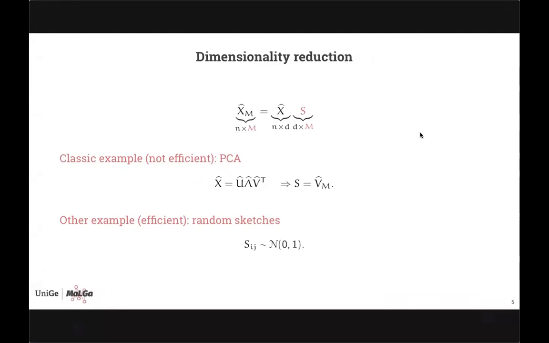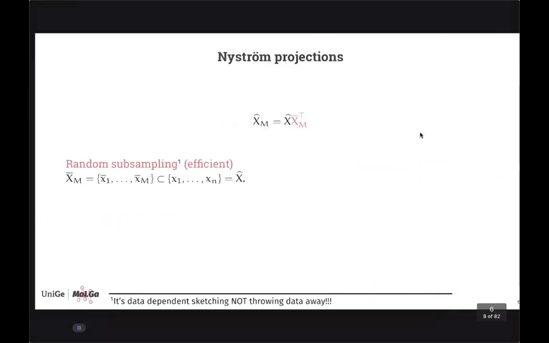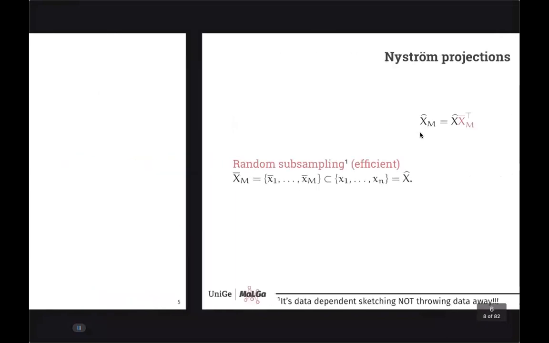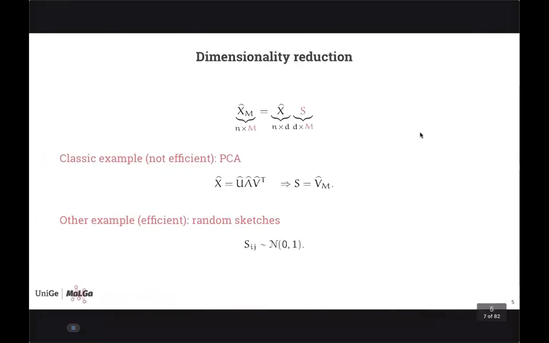A simple example is a matrix that is d by M, where each entry is a standard Gaussian, so a Gaussian with zero mean and variance 1. This is related to the celebrated Johnson-Lindenstrauss lemma, and it's somewhat connected to the idea of what is called sketching.